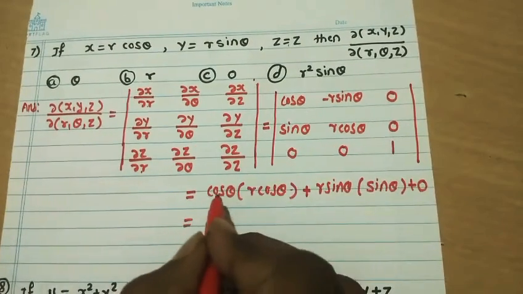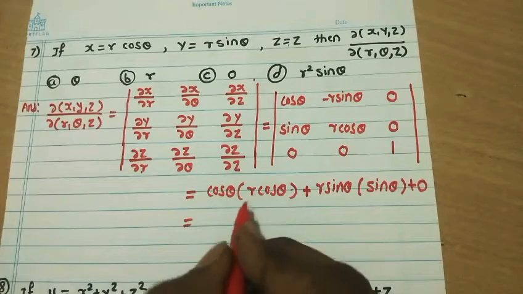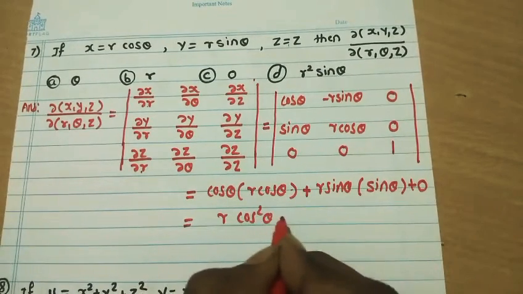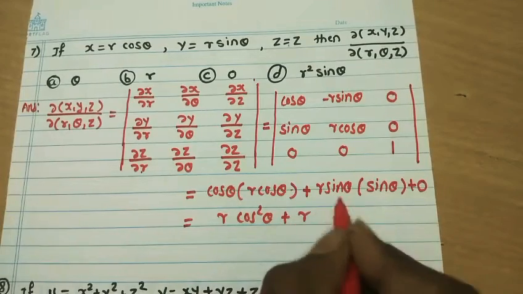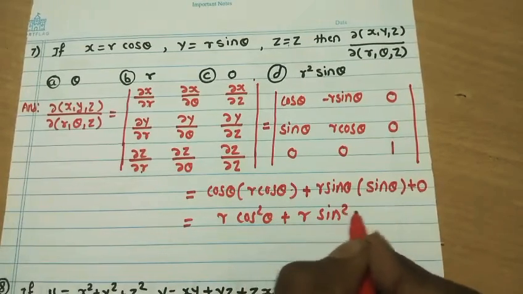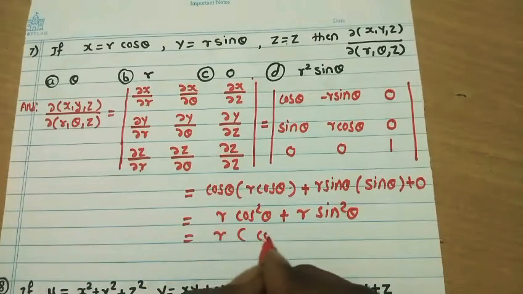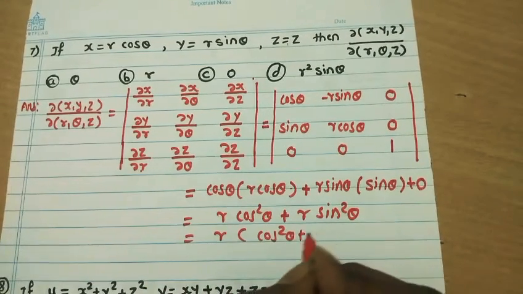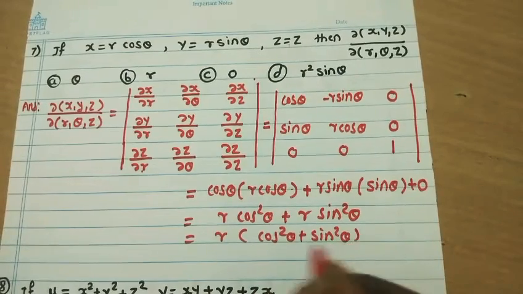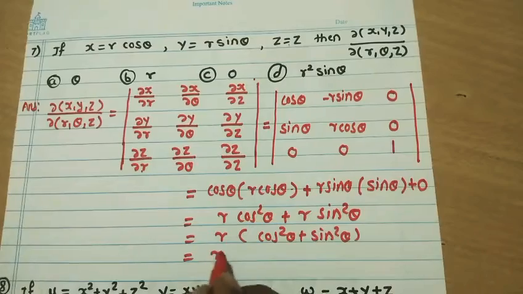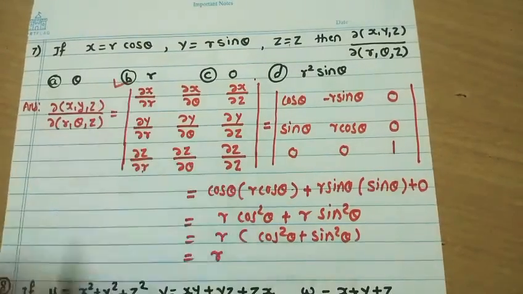So this will be cos theta into cos theta, which is cos square theta, r as it is. So r cos square theta plus r sin square theta. You can take r outside. So you will get r into cos square theta plus sin square theta. Cos square theta plus sin square theta becomes 1. So only r remains. So option B is correct.